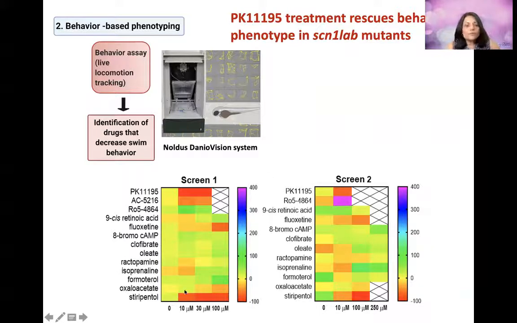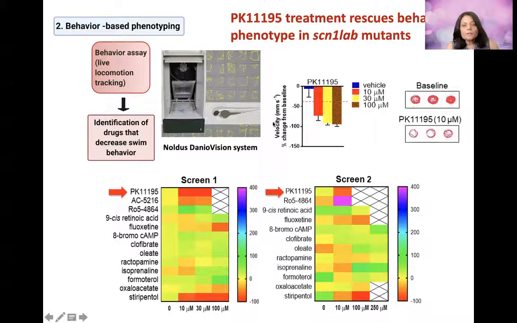What we observe here, in the reds, the warmer shades, is inhibition in a concentration-dependent manner. These compounds, such as PK11195 and some of the others such as fluoxetine, were picked up by both screens, as well as stiripentol, which is our control agent.